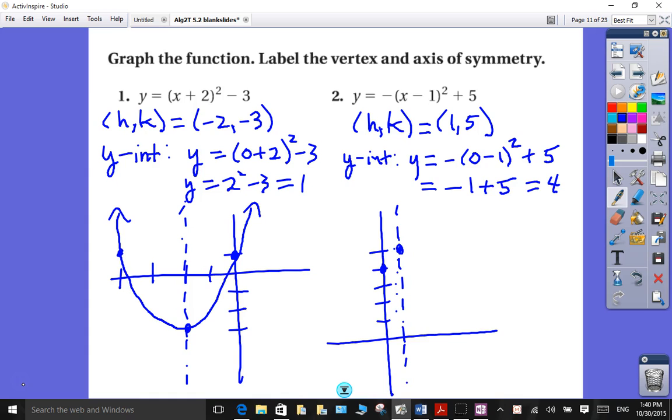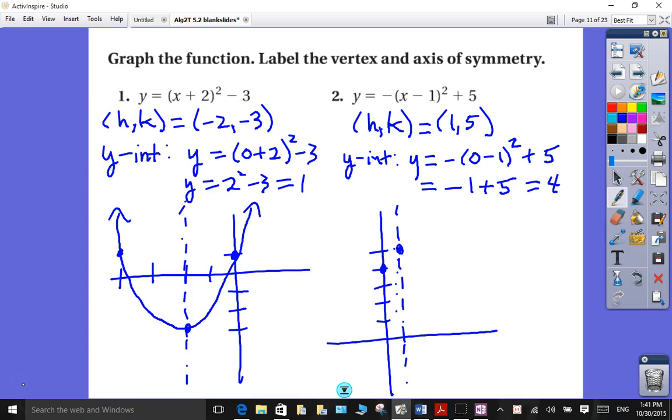Okay, so again, from the equation, you can read the vertex, right? You no longer have to calculate the -b over 2a. If it's in vertex form, you just read it. 1, 5, done. And now, when it's around the y-axis anyways, then that's a pretty easy point to solve for.